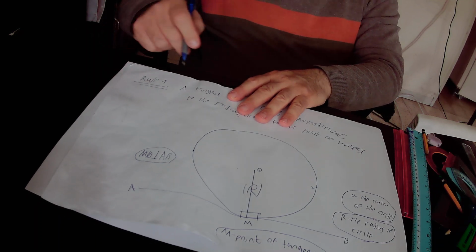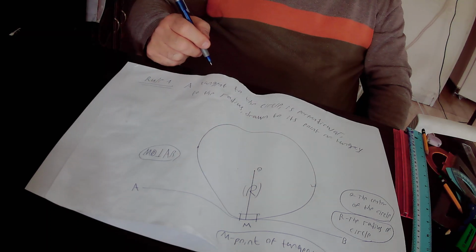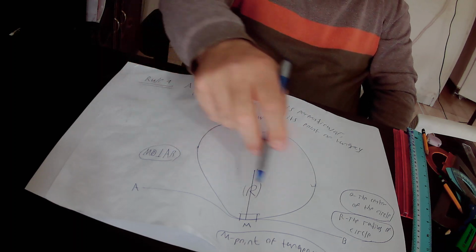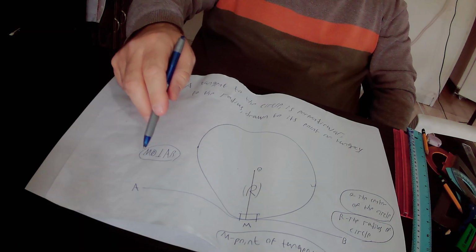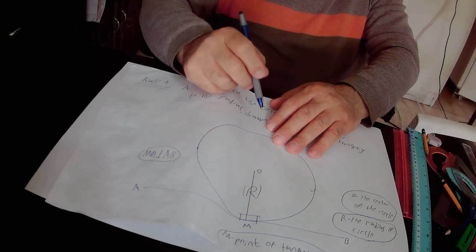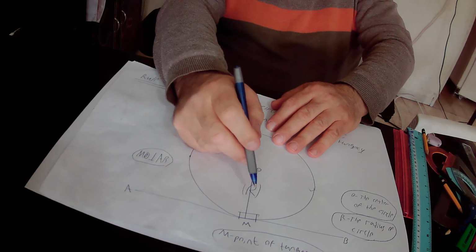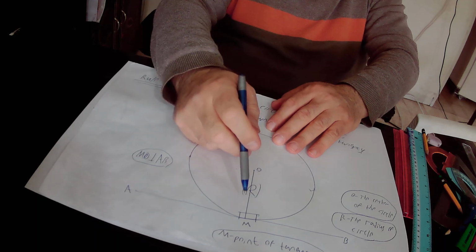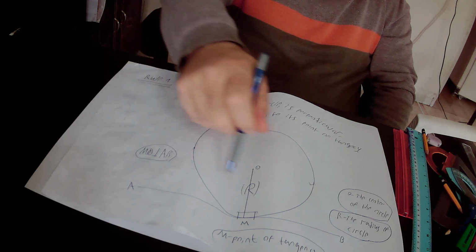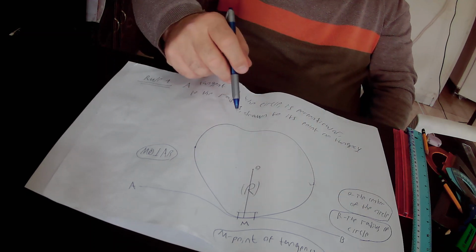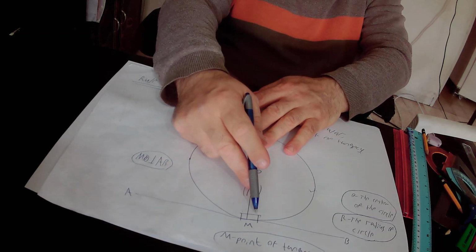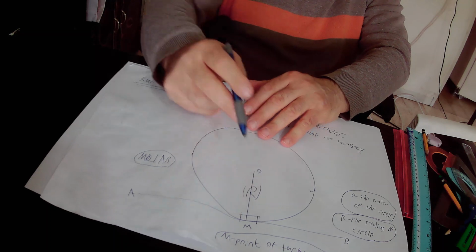So in the drawing you have this circle, and the radius of this circle is R. We have tangent AB, and the point of tangency of tangent AB with this circle is here at point M. And we have the radius OM that is drawn to point M. Whenever you have a radius drawn to the point of tangency, then tangent AB will be perpendicular to the radius MO. That is to say, if AB is perpendicular to MO, it means that this angle equals 90 degrees, and this angle also equals 90 degrees.